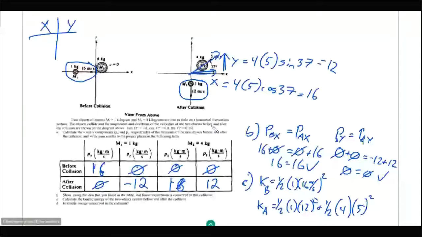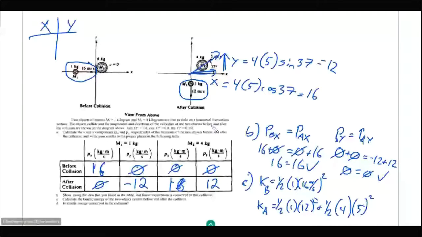Let me crunch the numbers here. 1/2 times 12 squared is 144. So we're doing 144 plus, let's see, 0.5 times 144 plus 0.5 times... 25 times 4 is 100, so 100.